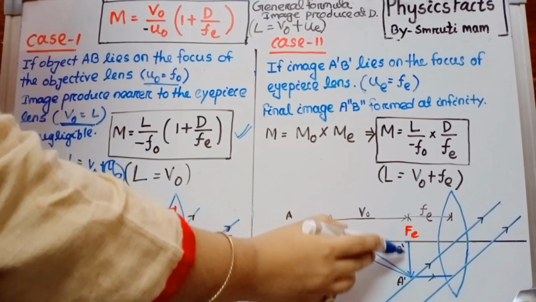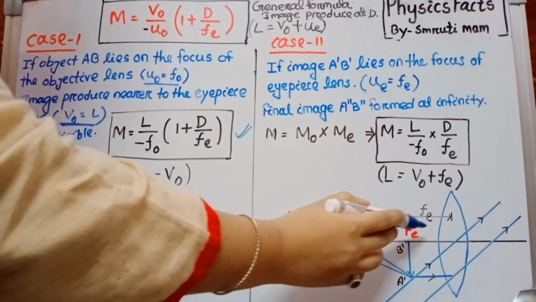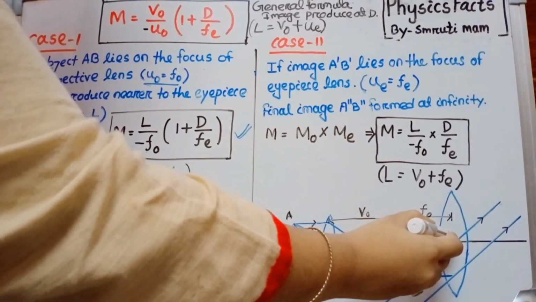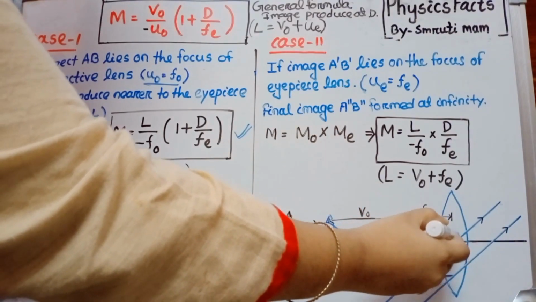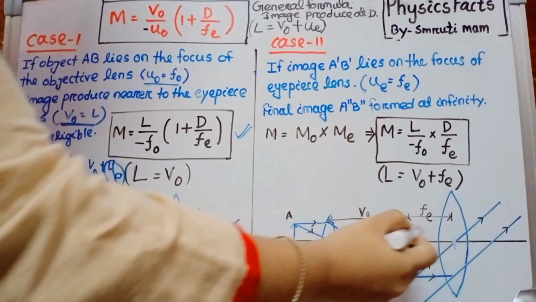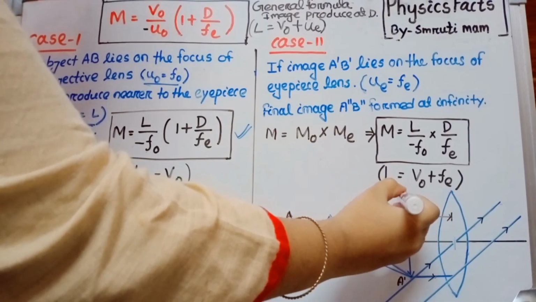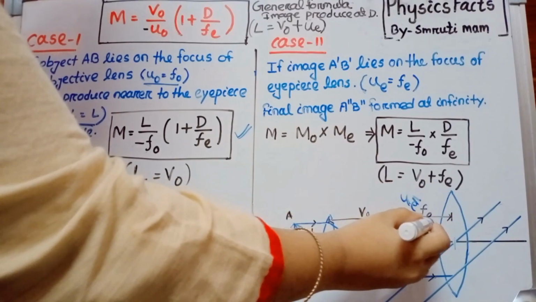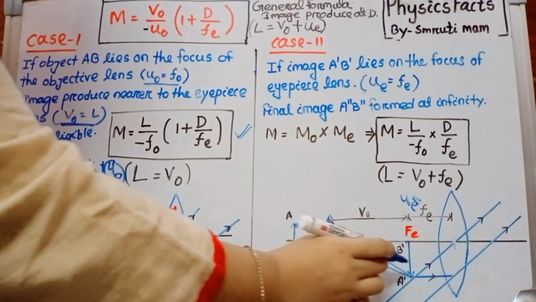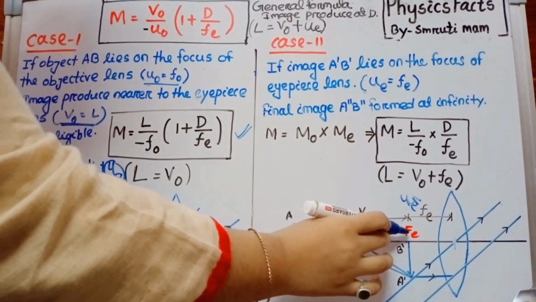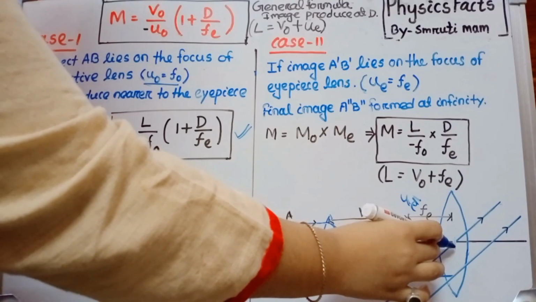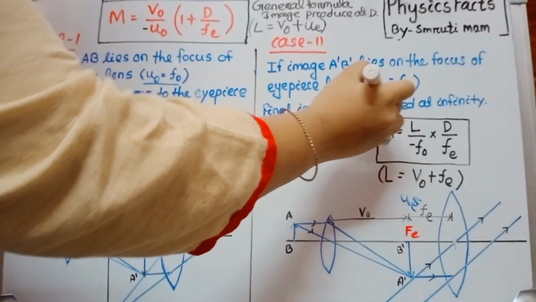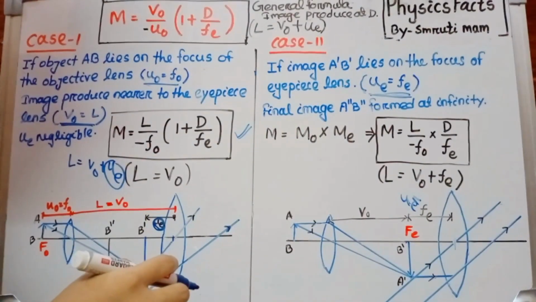The image lies on the focus of the eyepiece lens. That means ये जो distance from the optical center to A prime B prime, this distance is the object distance for the eyepiece lens, and UE equals FE, because A prime B prime is placed on the focus of the eyepiece lens. That means the object distance equals the focal length, UE equals FE.